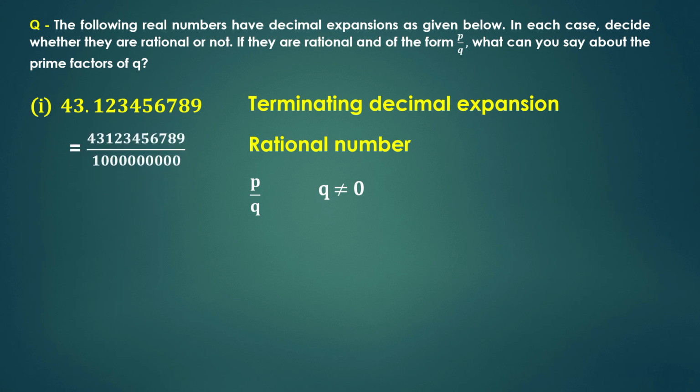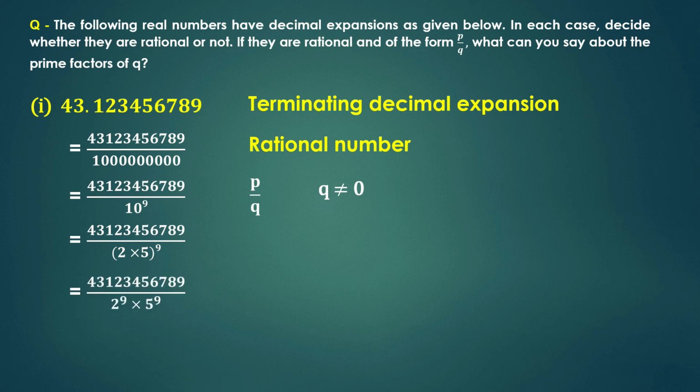We can see that the denominator is a power of 10. So we can write the denominator as 10 to the power 9 because it has 9 zeros. Now 10 to the power 9 can be further written as 2 into 5 to the power 9, which can be further written as 2 to the power 9 into 5 to the power 9.